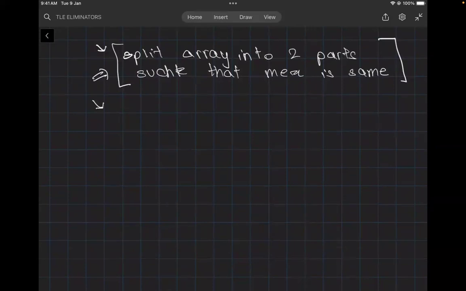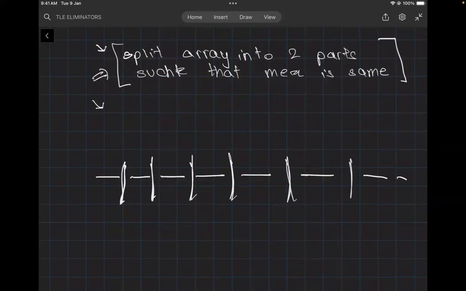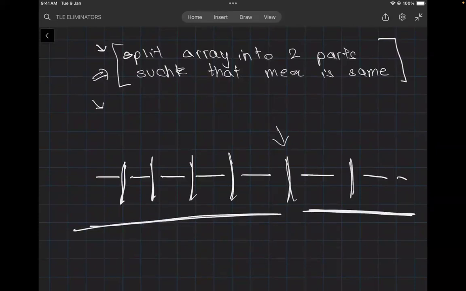Now, the thing is, how do you do this? A brute force approach could be, let's say this is my array. For every split possible, let's say this is the split that I took. You find the max here and you find the max here.